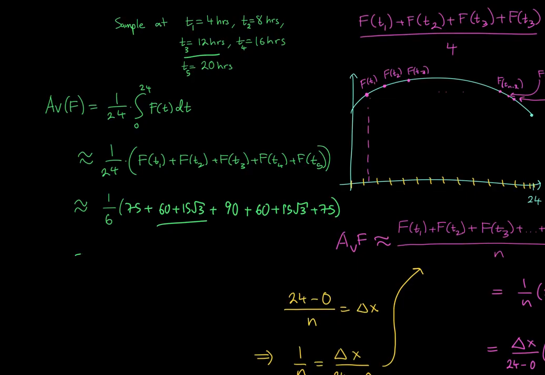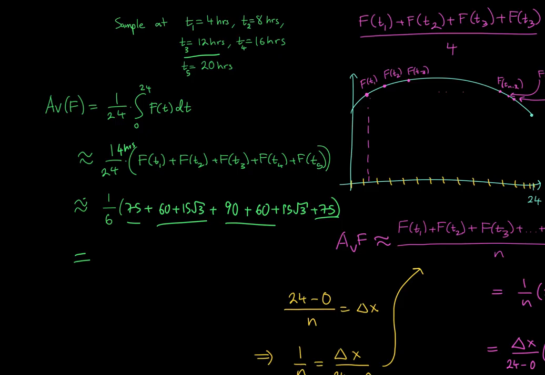All right, simplifying this guy. I really needed the times 4 hours here. This is equal to, okay, so here I've got 150 plus another 150. That's 300 plus 120.